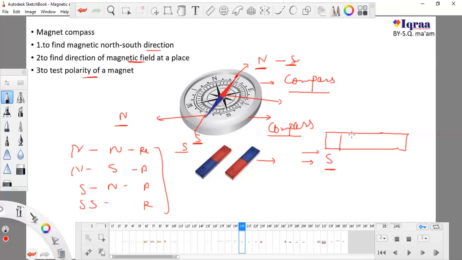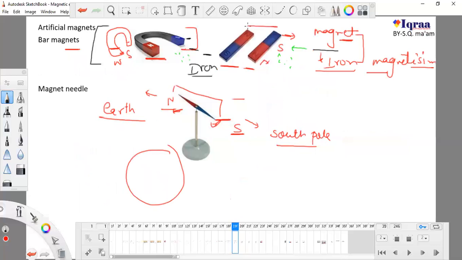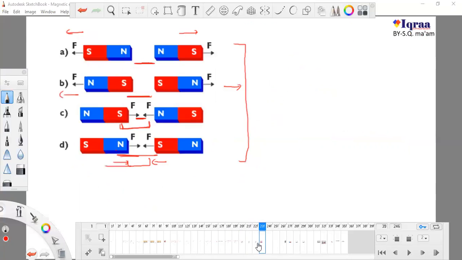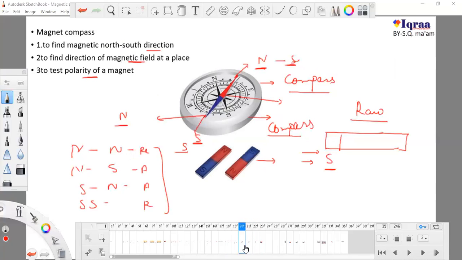Sometimes we have a huge amount of magnet, meaning a raw magnet, and we need to change it into these shapes, either a bar magnet or a horseshoe magnet. So this is my raw magnet, and I don't have any idea which pole is which.